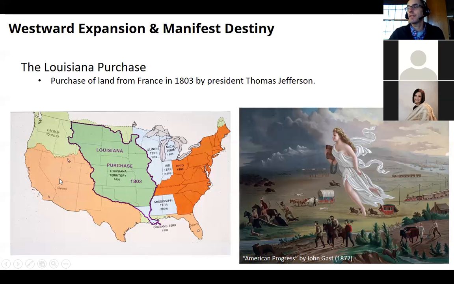So the idea of Manifest Destiny is like this famous painting, which was from 1872, so well into the 1800s. You see this westward expansion. That's kind of the spirit of America. I don't know why she's always dressed kind of like an old Roman. What do you call that? A toga, very classical. And she's got rope. What is she doing with that? It's not actually rope. What is she doing in this painting?